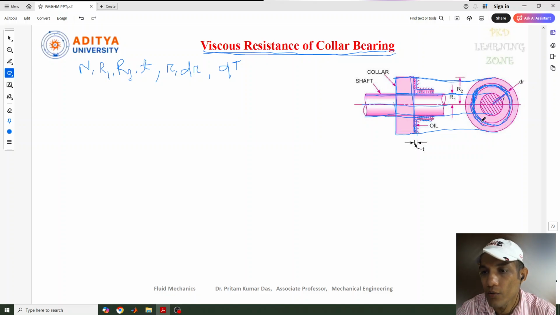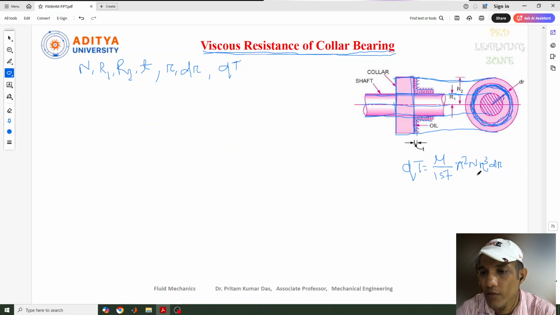As I told, this is similar to the footstep bearing. If you have seen the footstep bearing video, we can directly get the formula we got there: dT equals mu over 15t, pi squared N, and r cubed dr.